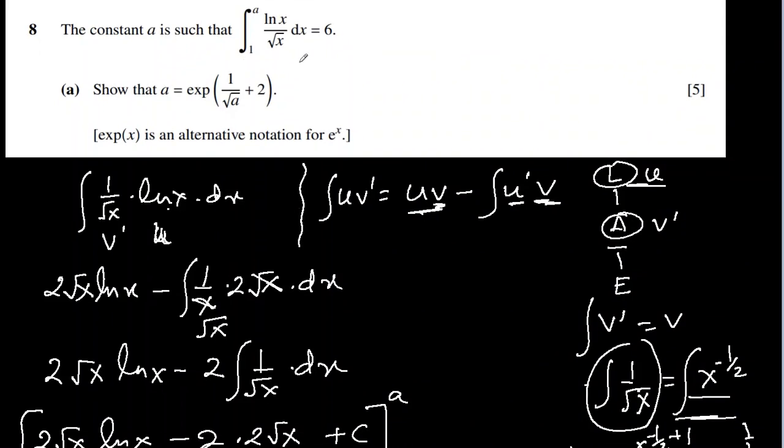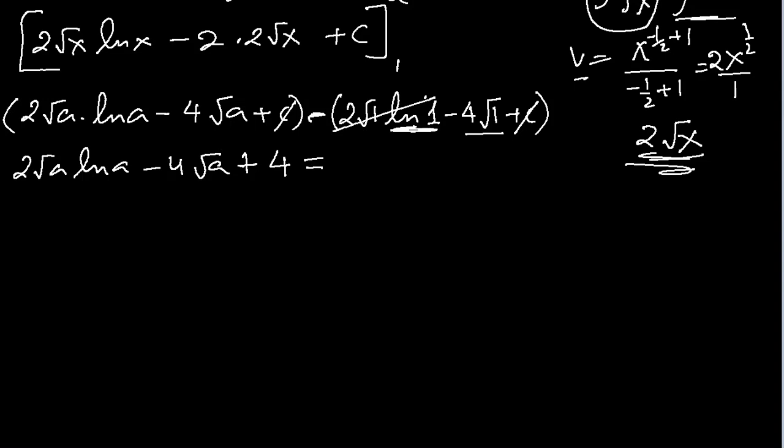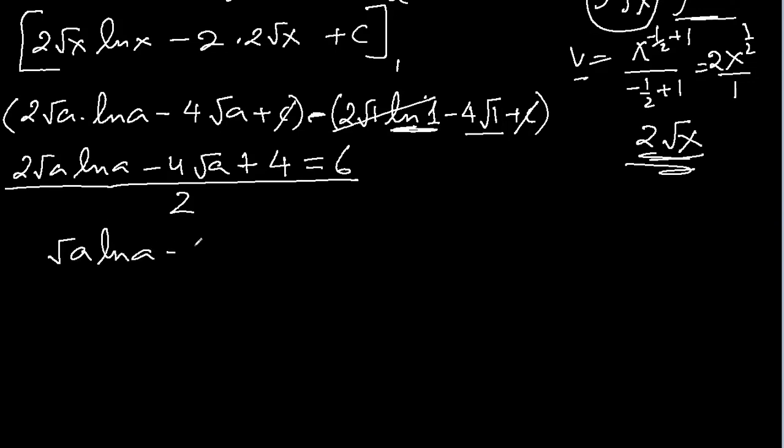The definite integral we just found is equal to 6, and we have to convert it to that 6. So do we have something? Yeah, everything has 2, so let's divide the whole equation by 2 so that we get rid of 2. So we'll be left with square root a ln a minus 2 square root a plus 2 equal to 3.